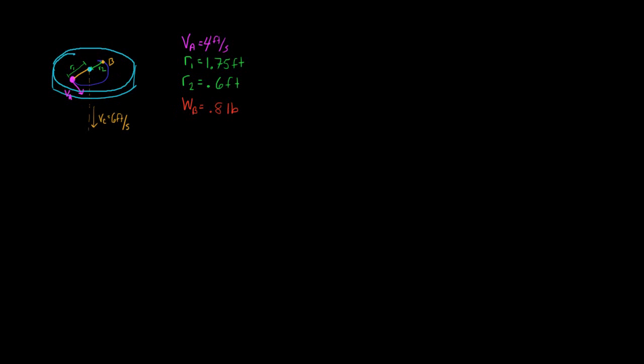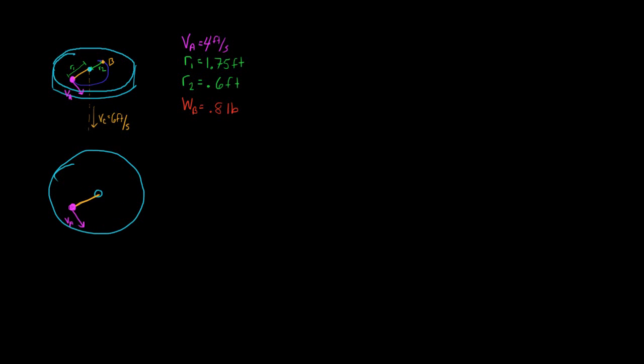So let's first look at a top-down view. Maybe it'll make what the question is asking more clear. So if this is a table with a hole in it, it has a string that is connected to this ball. And the ball is moving with the initial velocity VA.